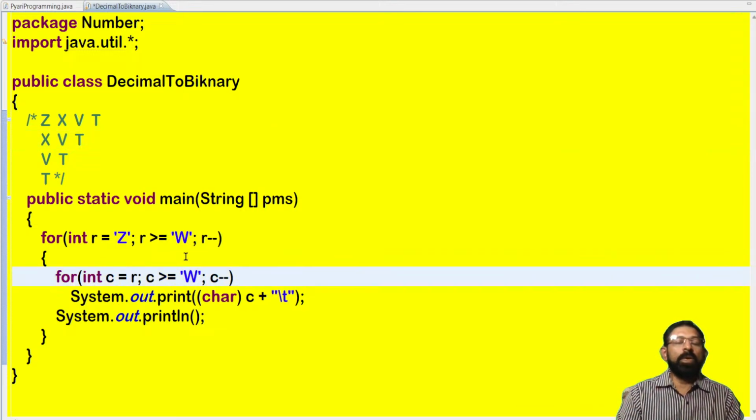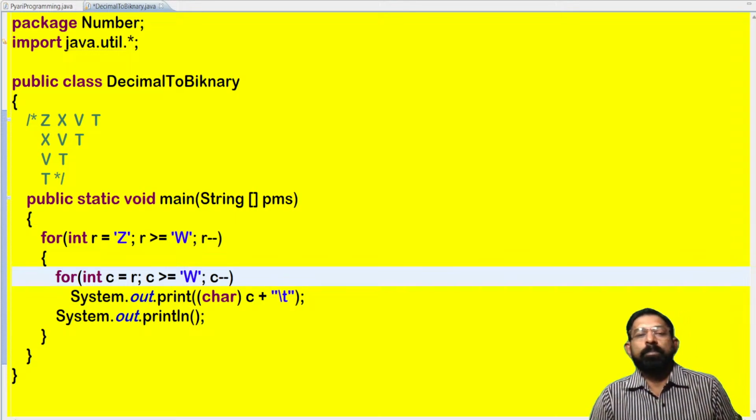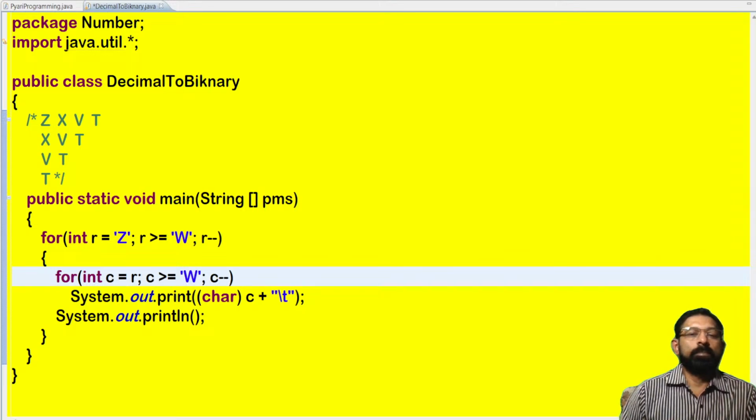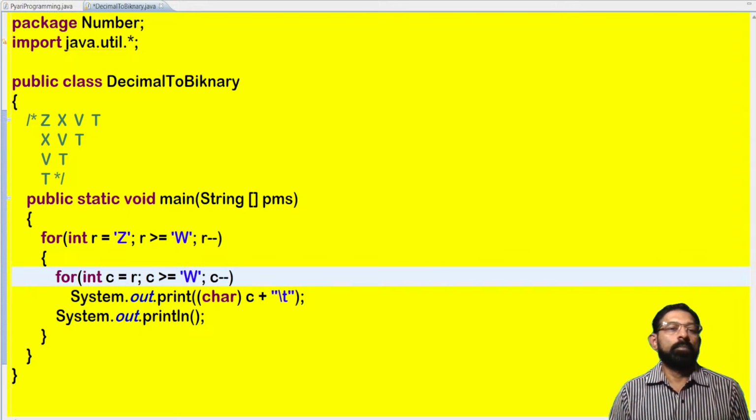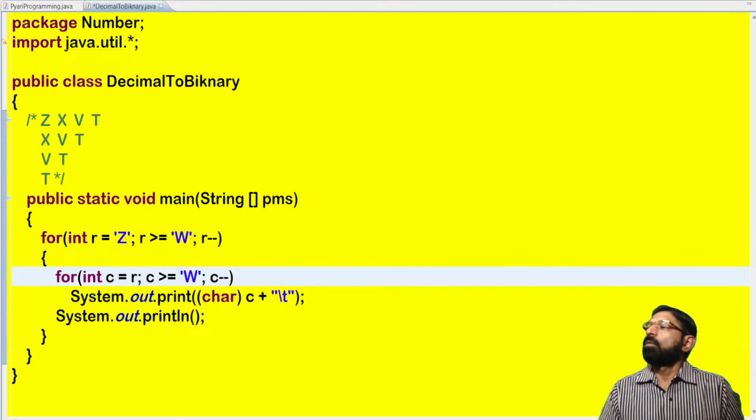Initial value of C. C is equal to how much? What is C equal to?